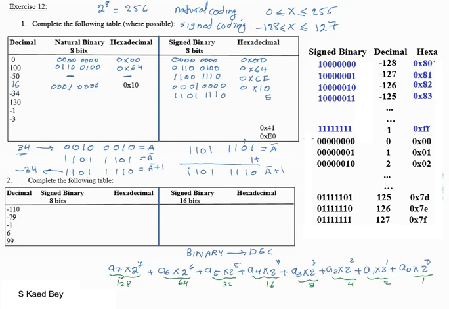And the second one is letter D, and D here is the number 13. You can refer back to exercise 1 and 2 for more details about the hexadecimal to binary conversion and vice versa. Now, since the negative 34 can only be represented in signed coding, the natural representation is not applicable.